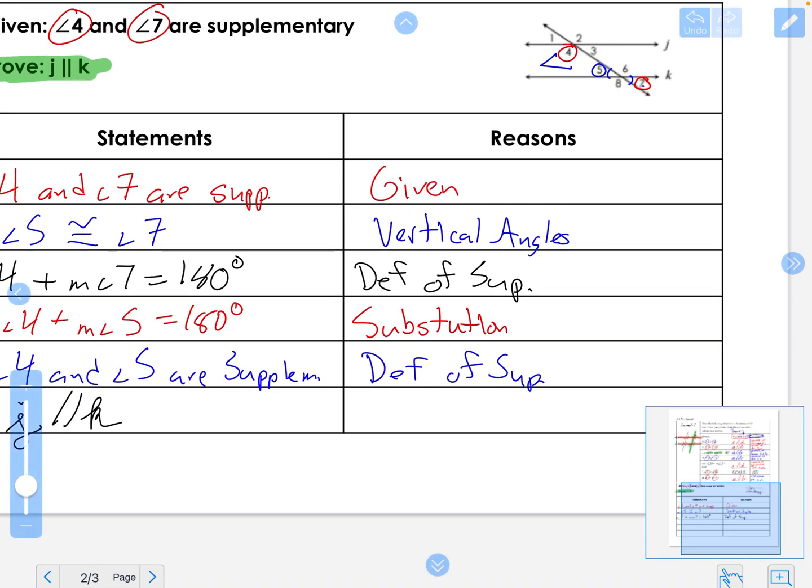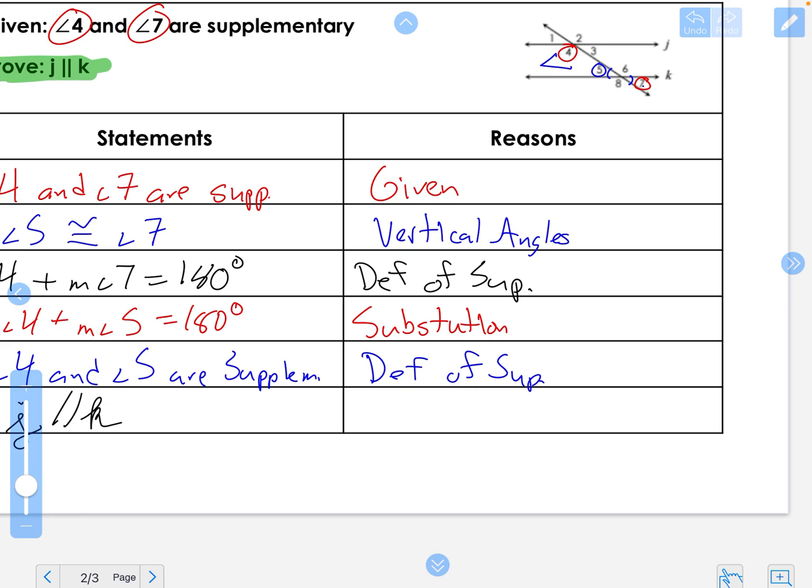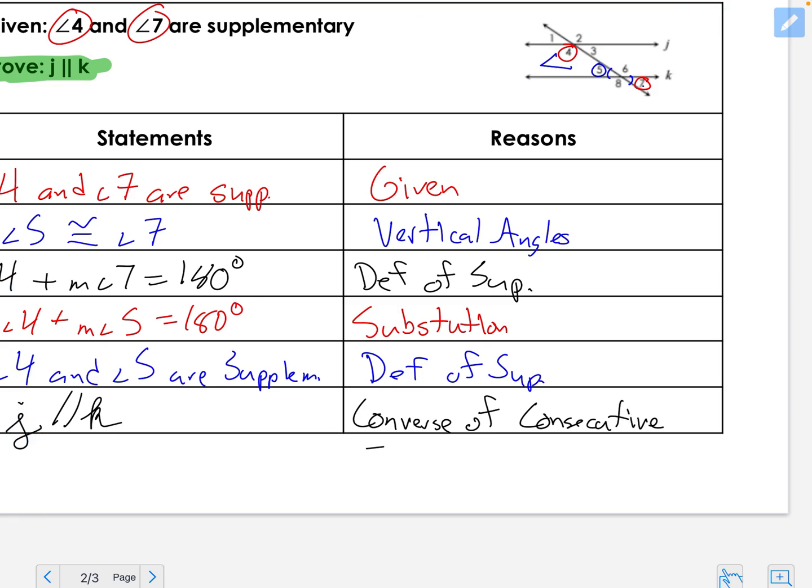I can do this because I know that angle 4 and angle 5 are consecutive. Actually, I've got to use the converse. So the converse of the consecutive interior angles theorem. Now this one's a postulate.